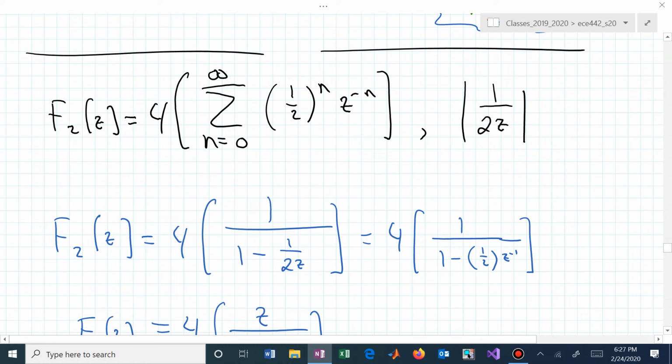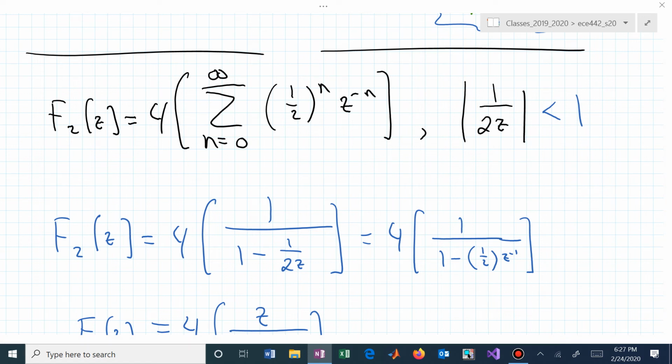The common ratio is 1/2 z to the minus 1, or it's 1 over 2z. Why do we need that? Because now that is going to be raised to the 1, squared, cubed, and we want that to be diminishing.